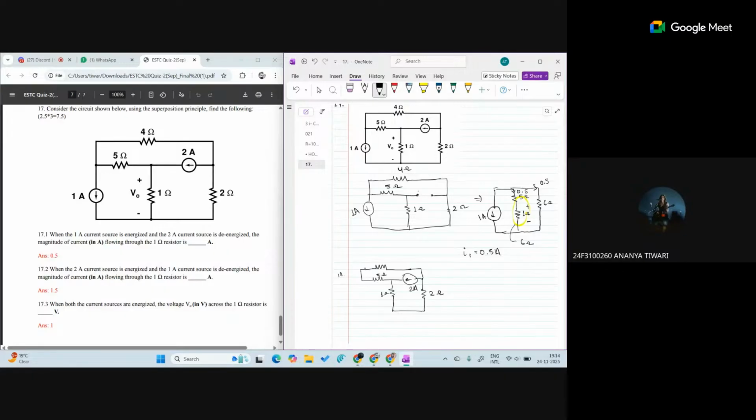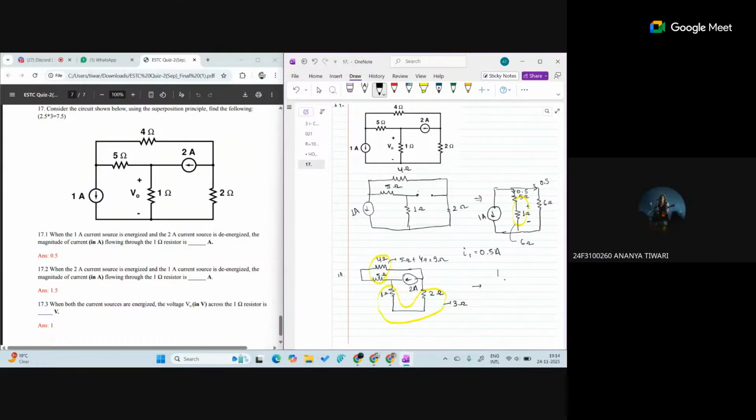This is 5 ohm, and this is 4 ohm. So 5 ohm and 4 ohm are connected in series, so this will become 9 ohm. That 1 ohm and 2 ohm are in series, so we will get 3 ohm. And the current passing through this 1 ohm would be the same as the current passing through the 2 ohm. So the 9 ohm and 3 ohm are in parallel.